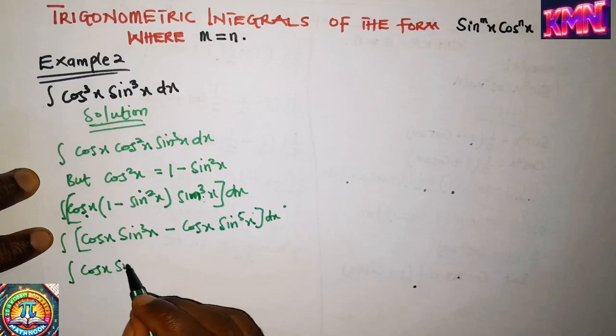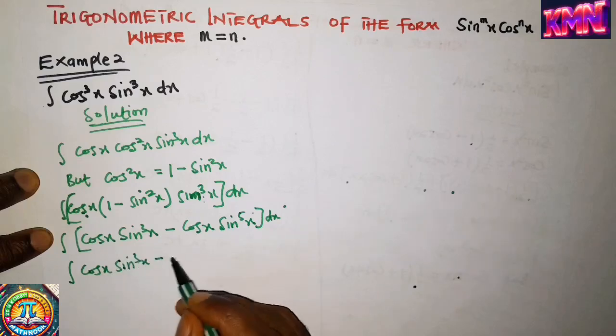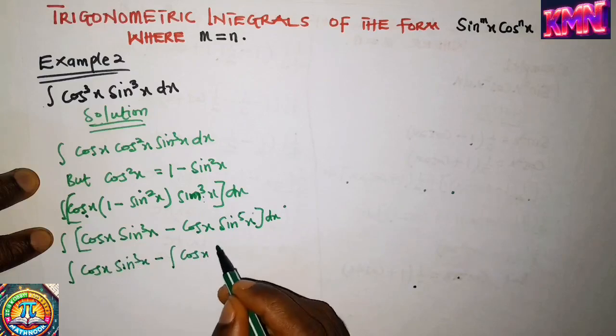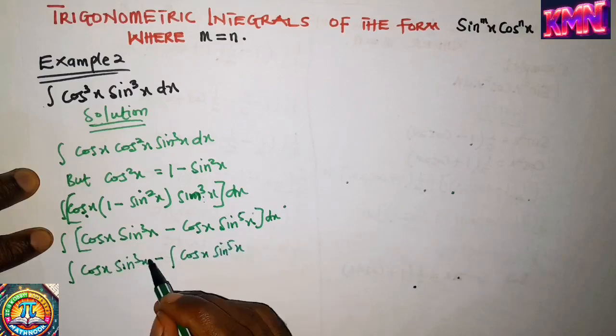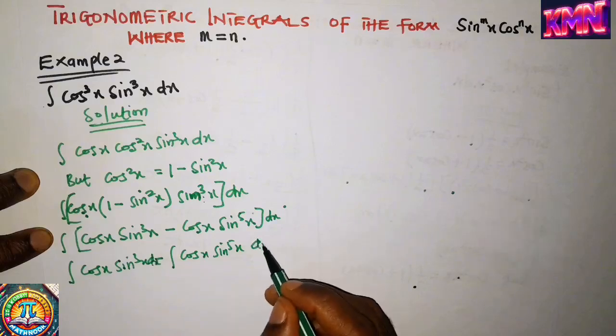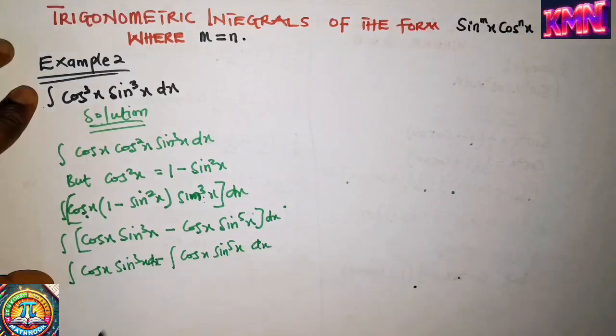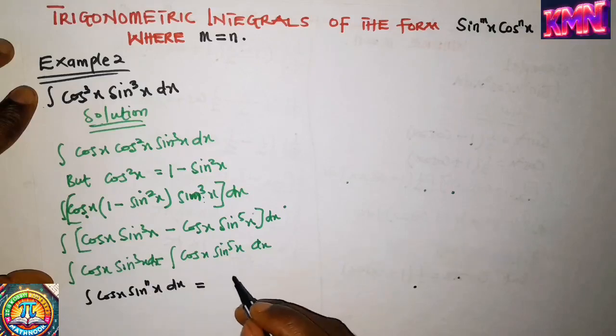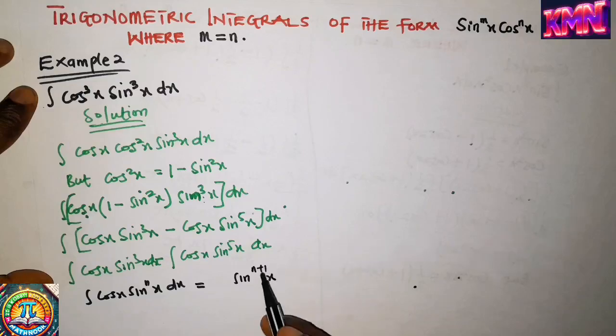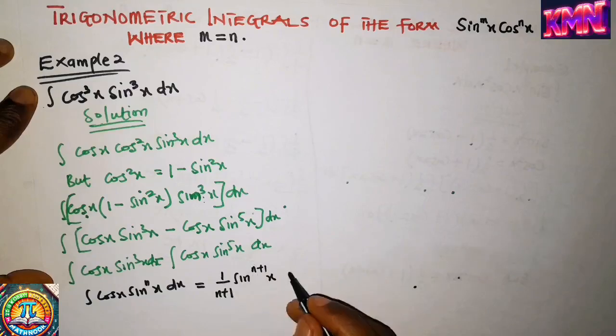Integral of cosine x sine cube x dx minus integral of cosine x sine power 5x dx. In our previous video, we learned that the integral of cosine x sine power n x dx is sine power n plus 1 x, multiplied by the reciprocal 1 over n plus 1, plus c.